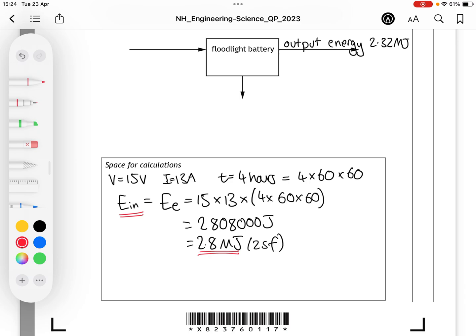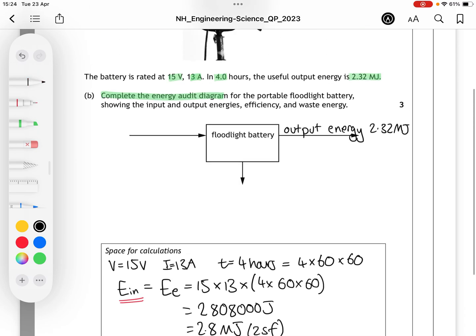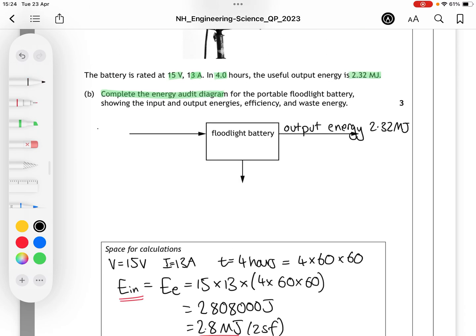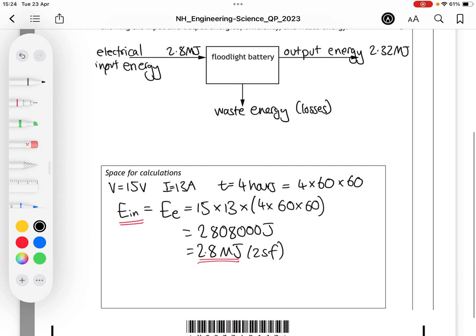Now the next thing I want to calculate, let's pop that in here. So I've got electrical input energy of 2.8 megajoules. And the next thing I'm going to want to do here is calculate the waste energy, or the losses. And that's straightforward.